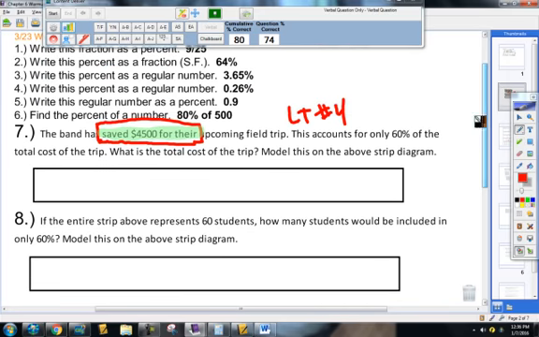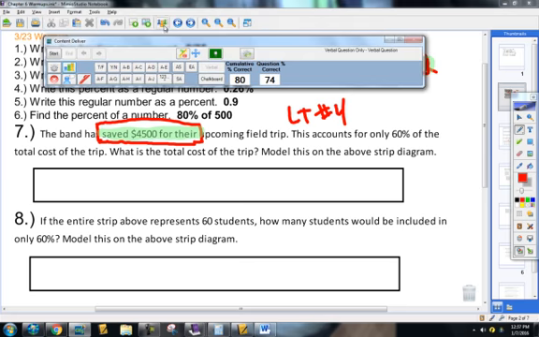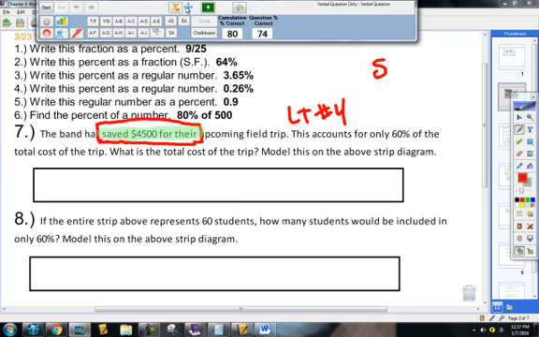So I'm going to write the word saved because that's how much the band has saved. Okay, so I just know that's how much they've saved. It doesn't mean it's the part, doesn't mean it's the whole. We'll get to that later. So that's how much they've saved for their upcoming field trip.